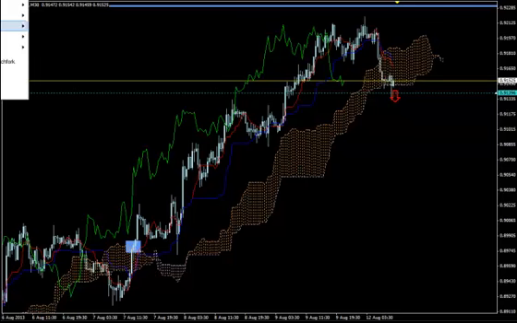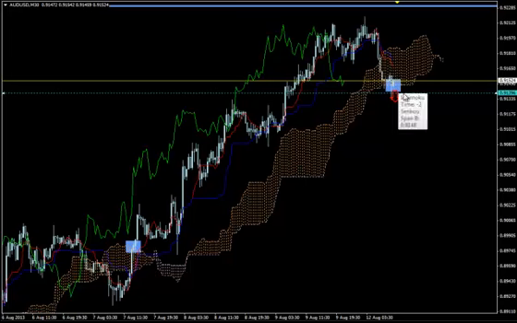So let me insert. And all this would be our profit from this trade. Now we will do the opposite in this particular case.